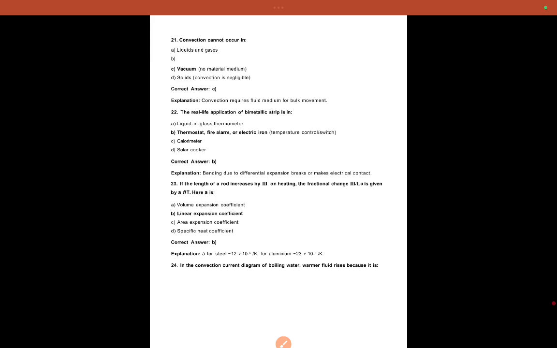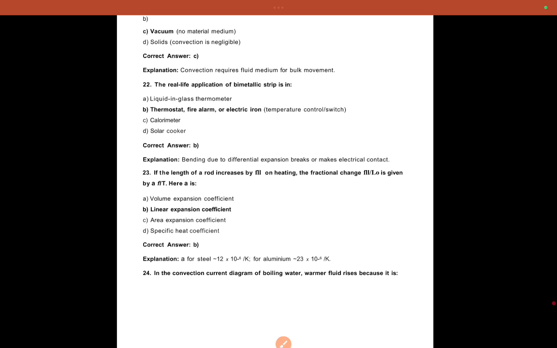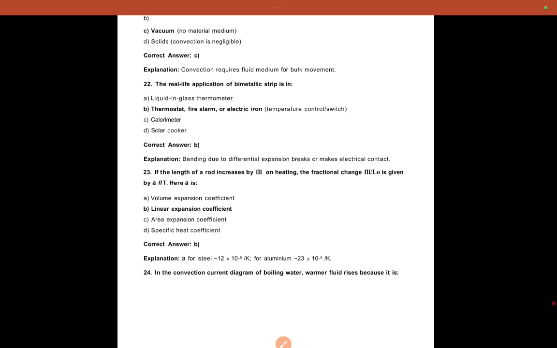Okay, question number 23. If the length of a rod is increased on heating, the fractional change is given by what, linear expansion? Okay, sorry, I will have to make a change in the question.